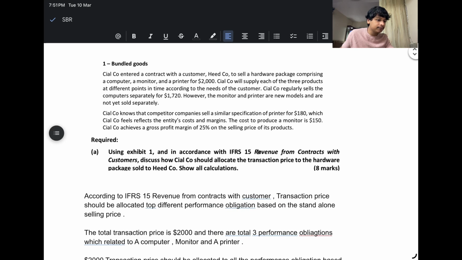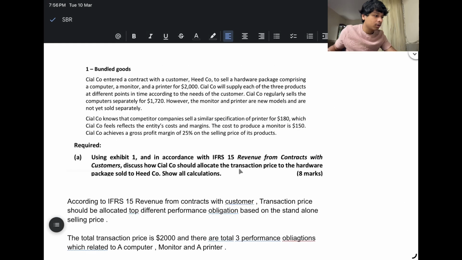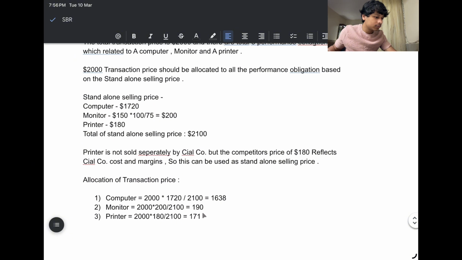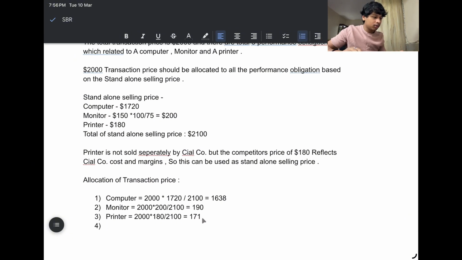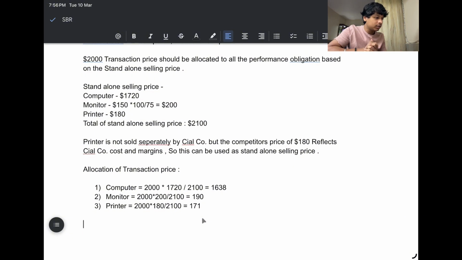Now after this, we can write how the revenue should be recognized.